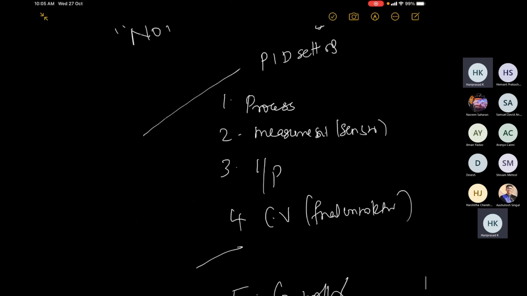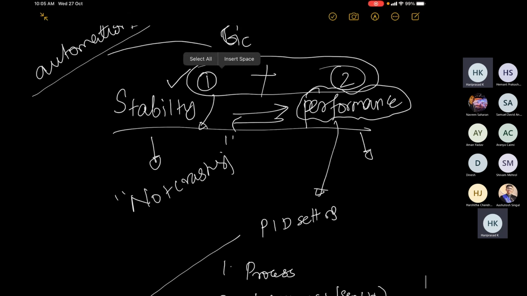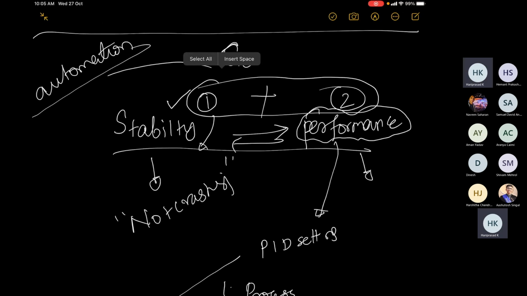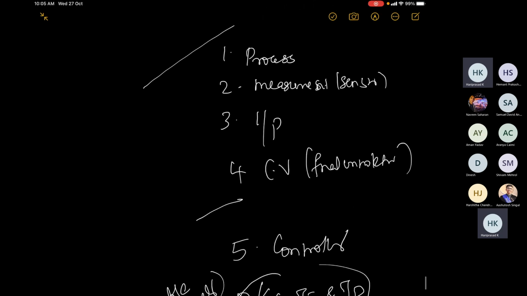eventually you need to have a smooth ride. So you don't want any unnecessary things happening. There are some hiccups, you are not getting a good product, and so on and so forth. So in an overall control system, of course, we have the process available.